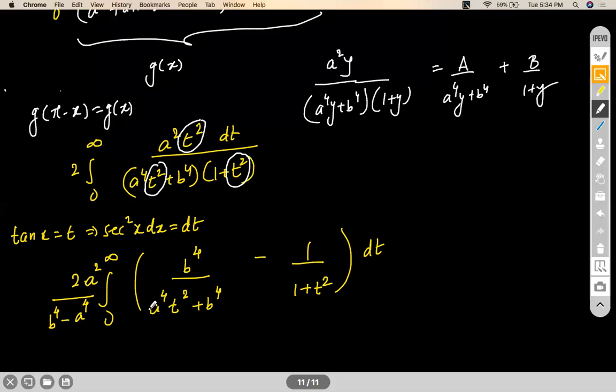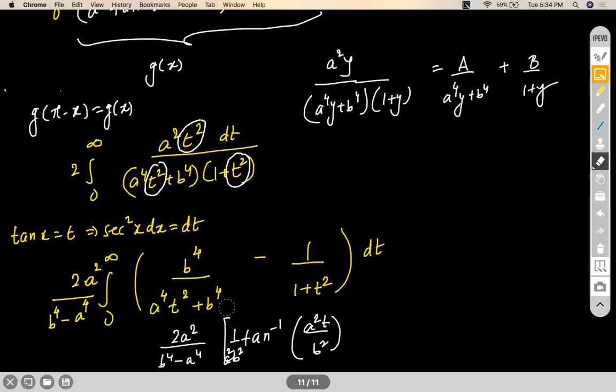Now this is something which we can easily integrate. So 2a square over b to the power 4 minus a to the power 4. Integration of this is going to give me 1 by b square tan inverse of a square t by b square, divided by a square. Now why this a square? Because this is the reverse chain rule you have to follow. So I think it is all muddled up here.